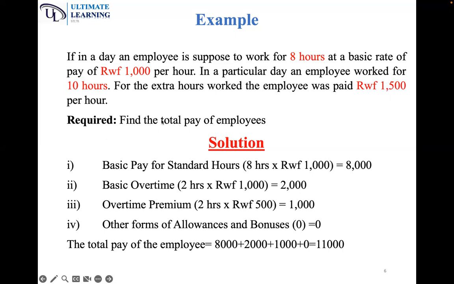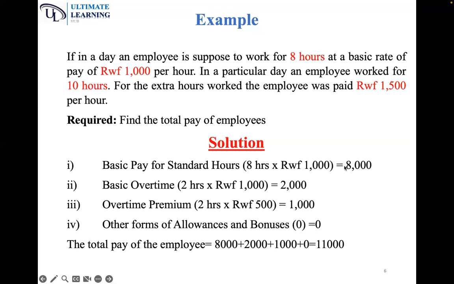Required: find the total pay of the employee. When we analyze number one, basic pay for standard hours, the standard hours were 8 hours, so you take 8 hours times the rate of pay of 1,000.